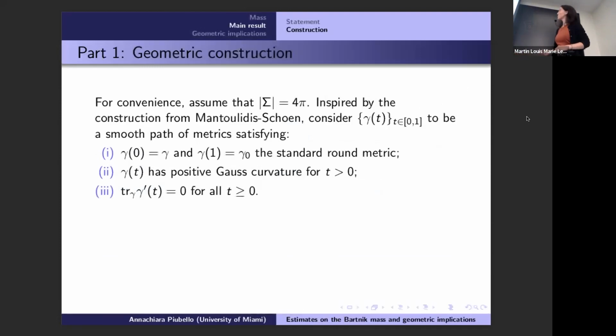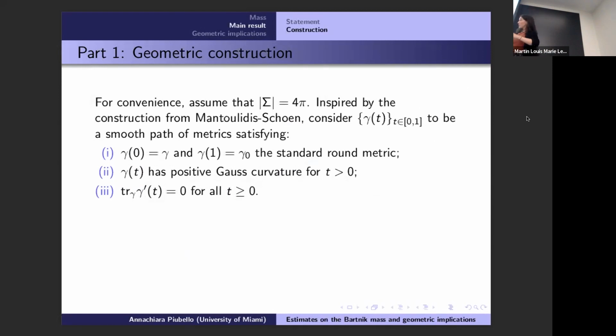So to the construction, okay? Inspired by the construction of Mantoulidis and Schoen, we start with a smooth path of metrics that will satisfy the following condition. We have a path of metrics that will connect our metric gamma to a round metric.